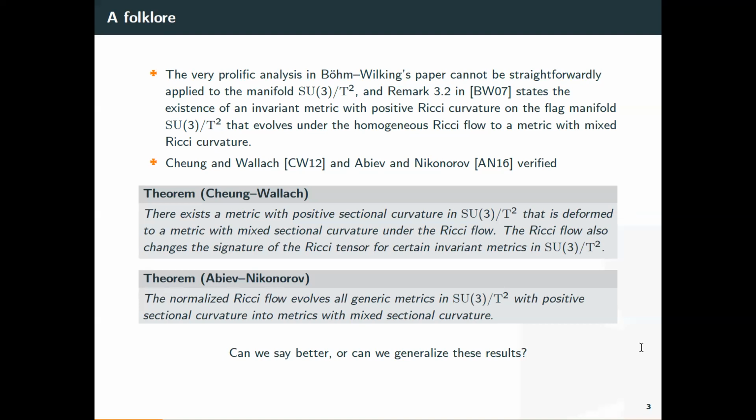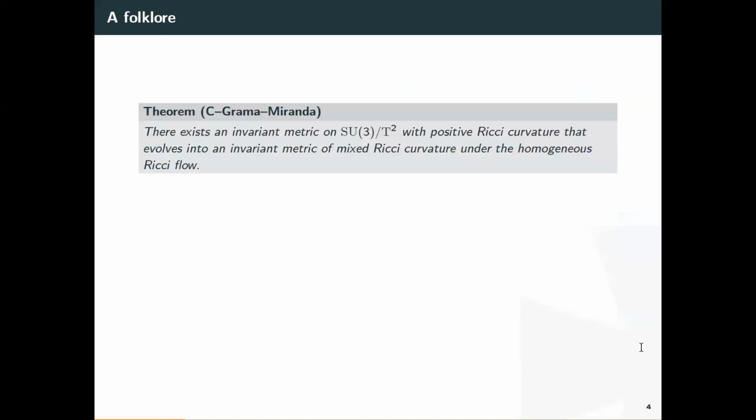A very small contribution that we made first, and this was made only with myself, Lino Grama, and Ricardo Miranda, is that we can show the existence of an invariant matrix on the SU(3) over T² manifold that has positive Ricci curvature, but that evolves into a matrix with mixed Ricci curvature under the homogeneous Ricci flow.